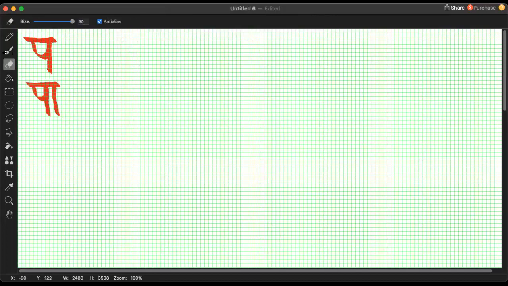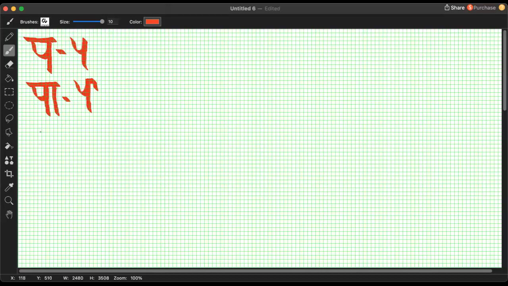Just keep it closer here. This is Devanagari. This is Sharda per, and for the matra, first draw a small horizontal line and immediately bring it down a little and then stop it. You don't extend it like in Devanagari.